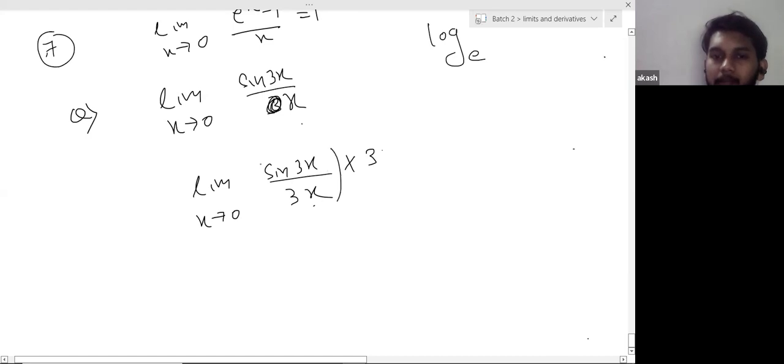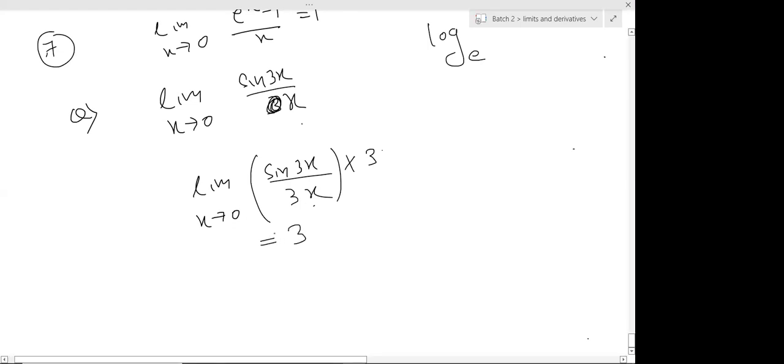So this becomes the standard formula, sine of some angle divided by the same angle. So this limit becomes 1. So the answer is 3, right?